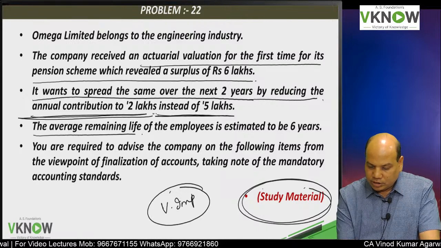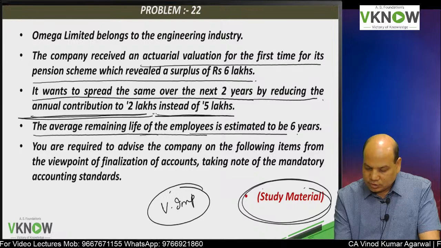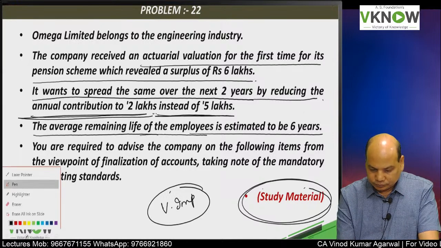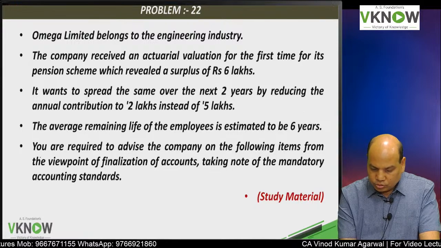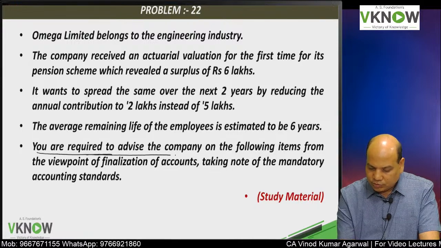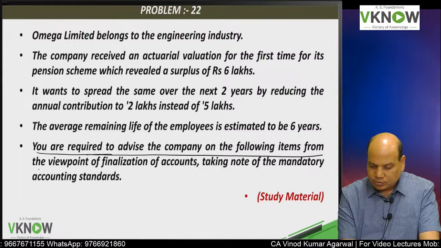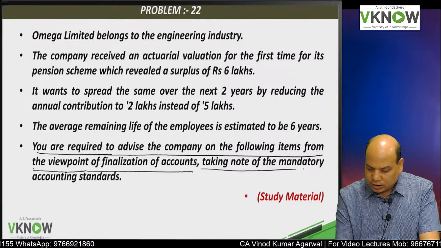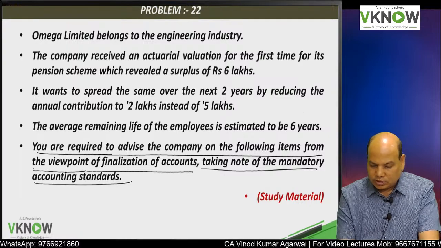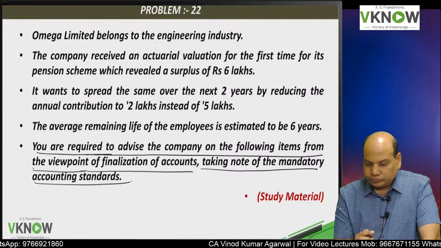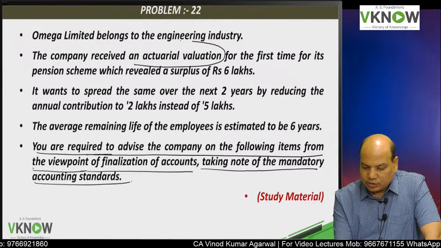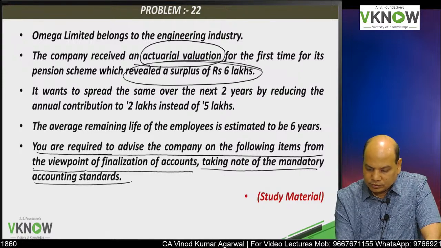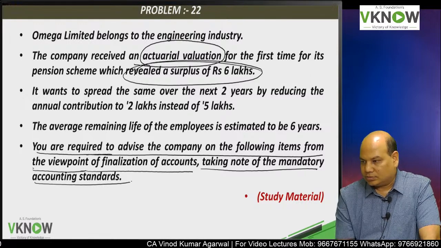The average remaining life of the employee is estimated to be 6 years. You are required to advise the company on the following items from the viewpoint of finalization of account, taking note of the mandatory accounting standard. Now they have done the actuarial valuation and it revealed a surplus of 6 lakh.